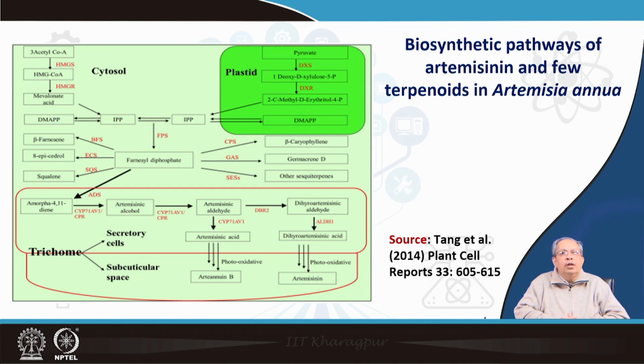So, here also these products finally accumulate in the trichome of this Asteraceae plant, Artemisia annua. As you see, almost all the steps occur inside the cytosol. That is the concept you should know, and you should know what role the trichome plays.